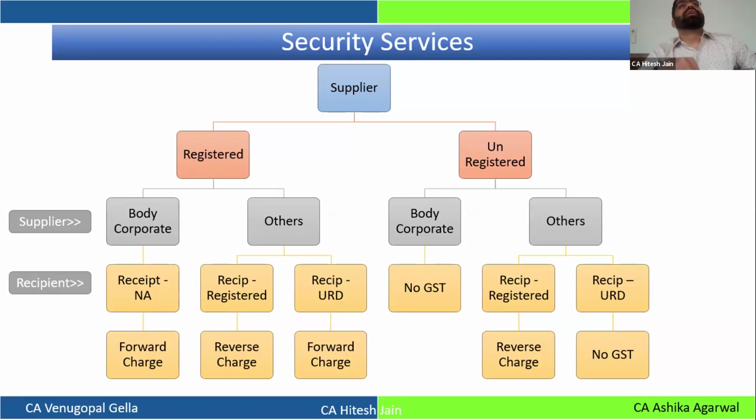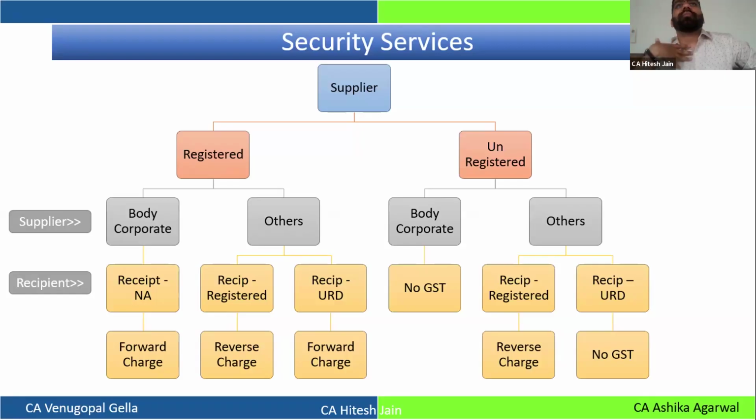If the supplier is not a body corporate, then we will have to see whether the recipient is registered. If the recipient is registered, reverse charge is applicable. If the recipient is unregistered and the supplier is not a body corporate, then the supplier has to pay under forward charge.